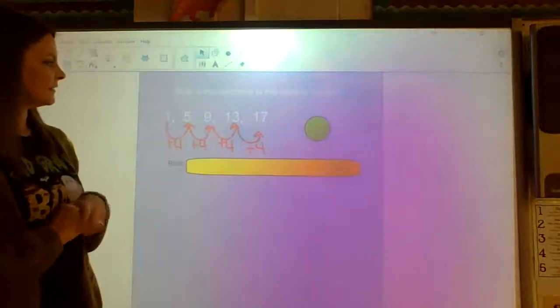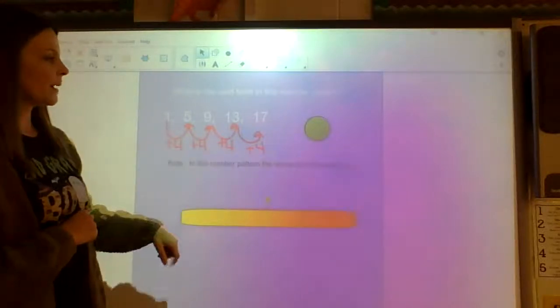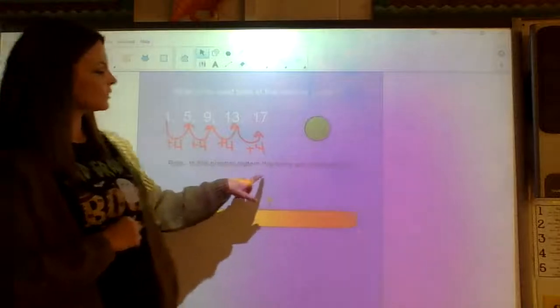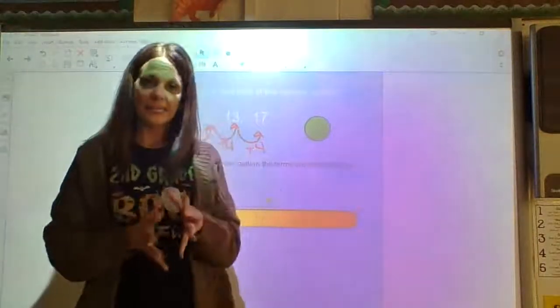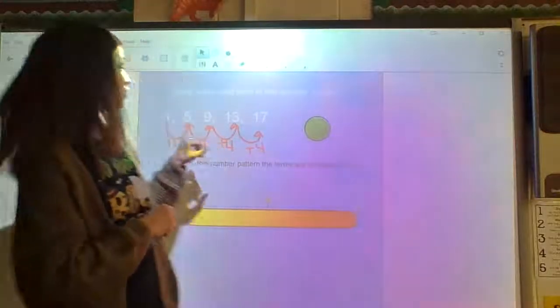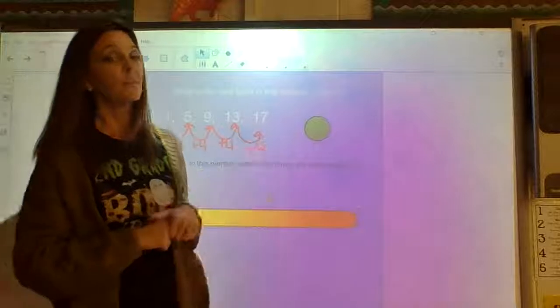So my rule is adding 4 to a number. In this number pattern, the terms are increasing by 4. Now, I did not just guess. I did not just look at one jump. I looked at each jump to make sure.